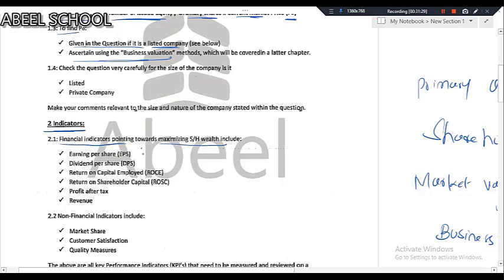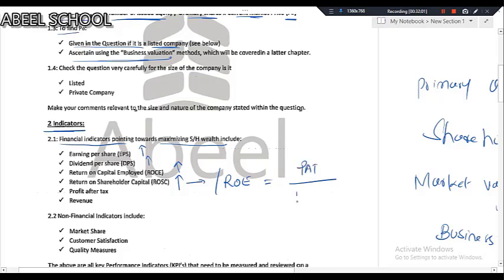If EPS is increasing, then obviously it is an indicator that wealth of shareholders will increase. Dividend per share increasing is a good indicator. Return on capital employed, if it is increasing, then it is pointing towards maximization of shareholders' wealth. Return on shareholder capital, we also say return on equity. How do we calculate return on equity?